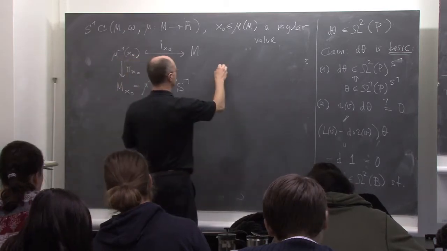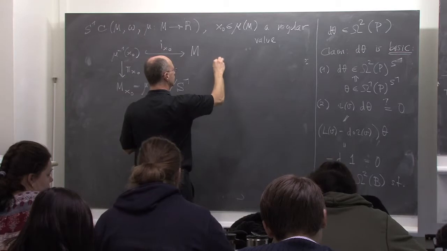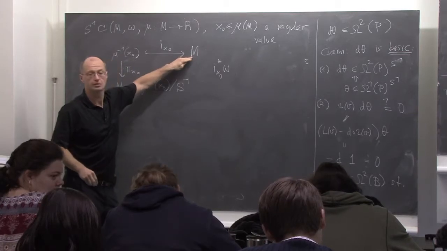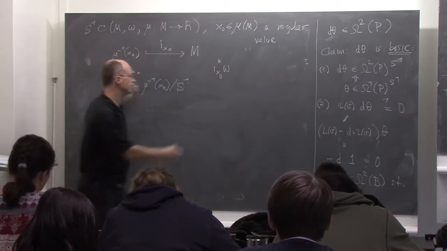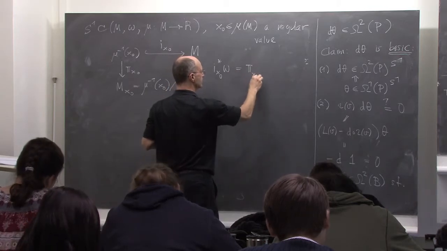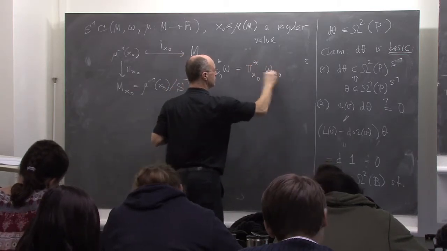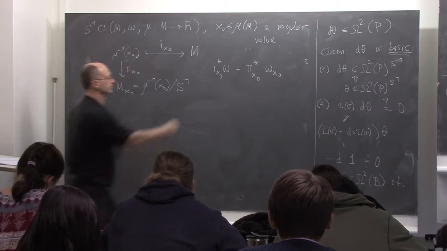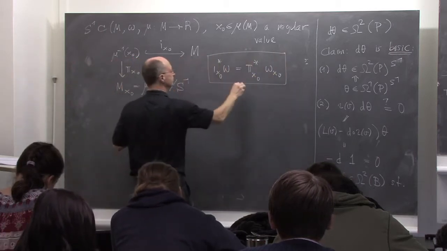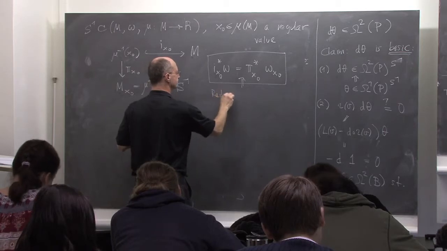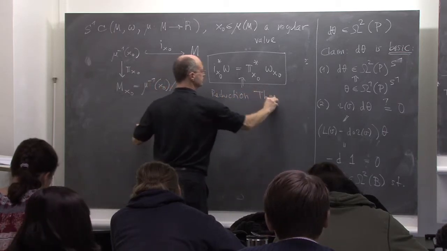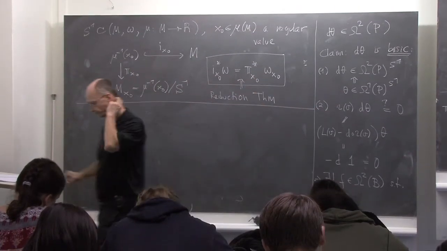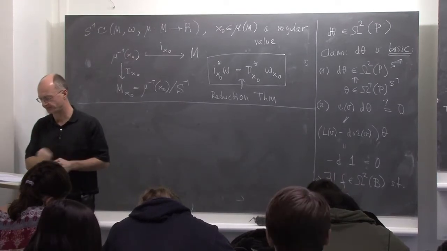And the key formula of the reduction theory was that the restriction of the symplectic form to the level set descends and defines the symplectic form on the reduced space. So that's the reduction theorem, that's our context.